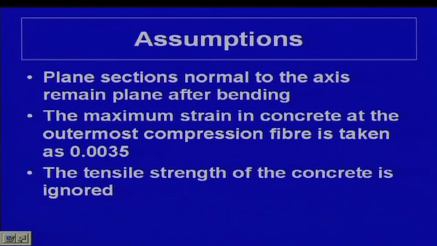The maximum strain in concrete at the outermost compression fiber is taken as 0.0035. That is the maximum limiting strain in concrete that we shall consider, that is 0.0035.